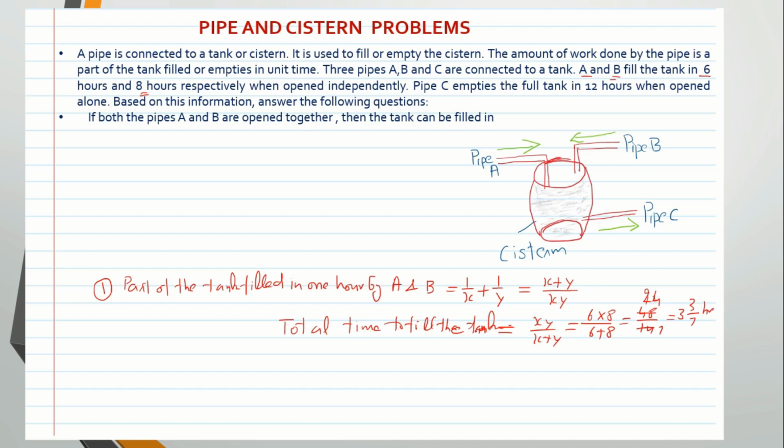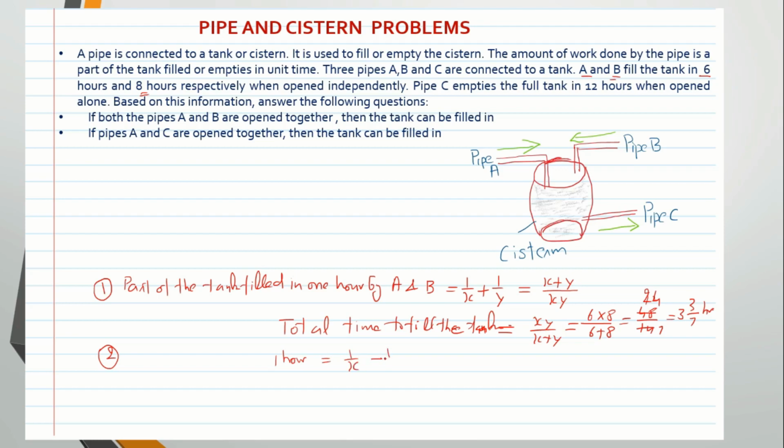Now in the second part, he is saying if A and C open together. So I am just writing a direct answer here. You can do it similarly: for 1 hour you can apply this information, that is 1 upon x minus 1 upon z.